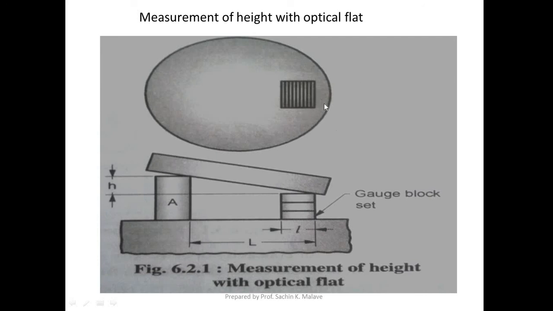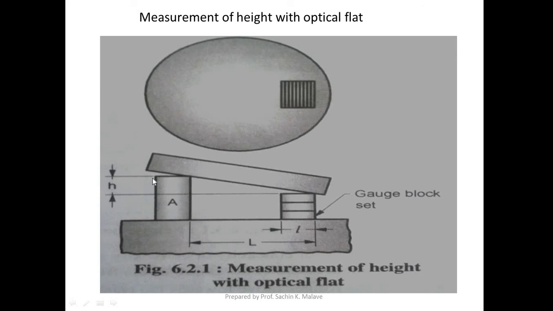In this way we can easily find out this distance h, the height difference between the bottom face of the optical flat and the top face of the workpiece. Just by counting the number of adjacent dark fringes we can easily find out the value of h, the total height of the workpiece.